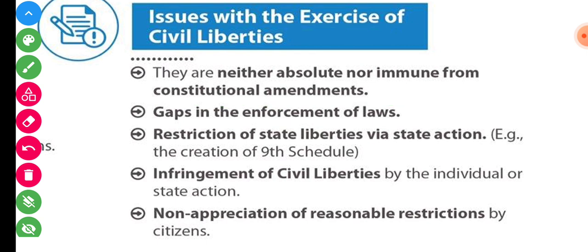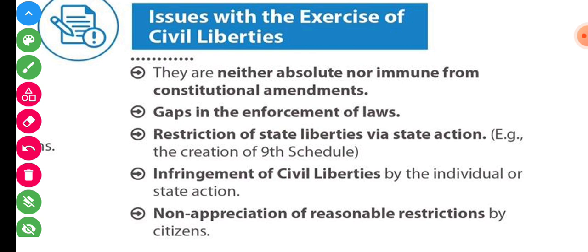Okay, yeah, the gaps which are given in the basic structure of the constitution, but they are not absolute nor immune from constitutional amendment. Parliament can amend these civil liberties which are not given under the basic structure of the constitution.